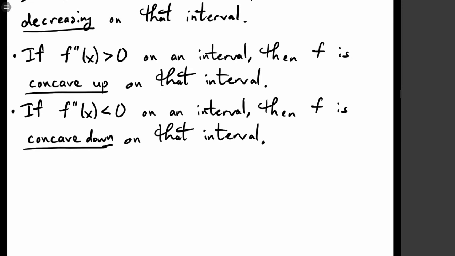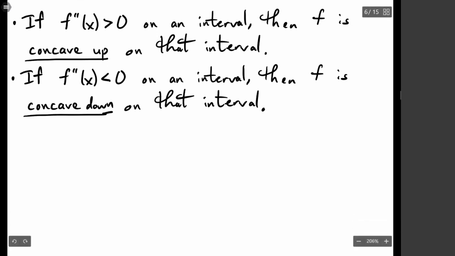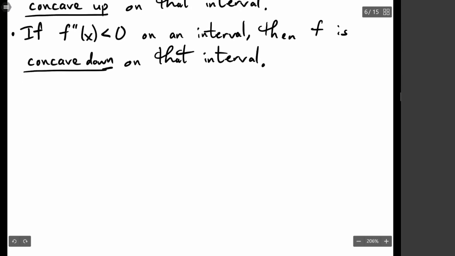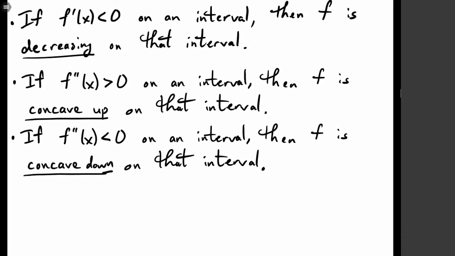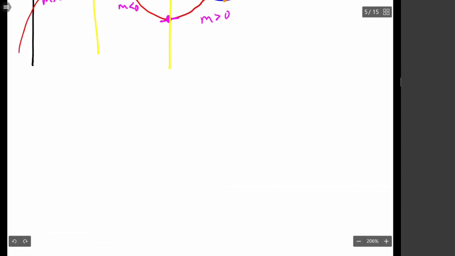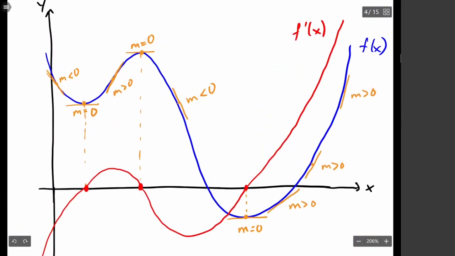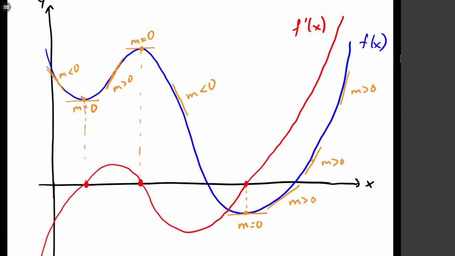So, another thing I wanted to point out about these graphs is something like a local maximum or local minimum. On this blue graph here, these three places are what we call local maxima and local minima.